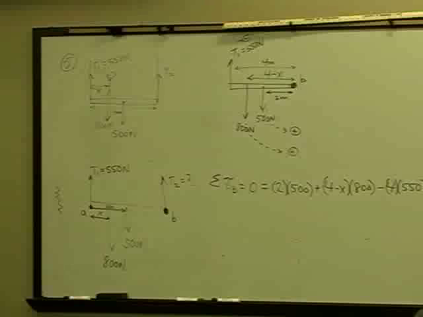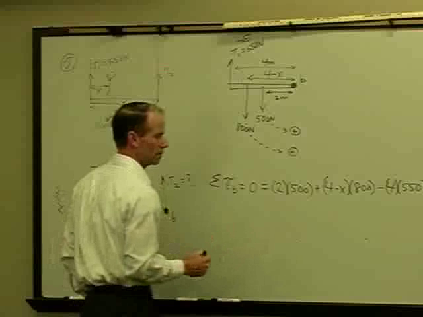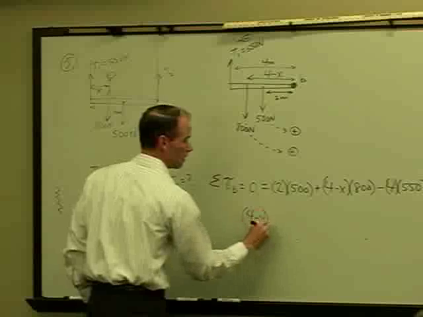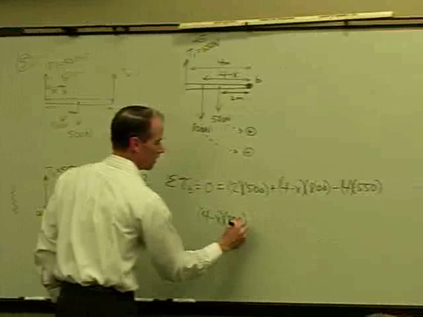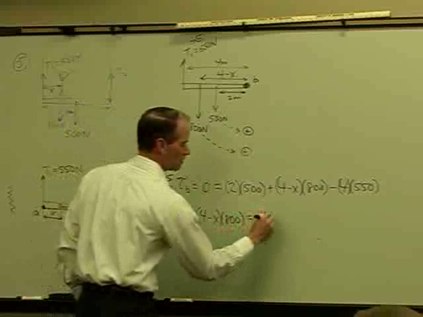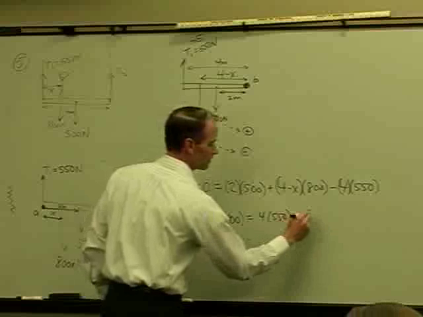I have a bunch of numbers in there and x. I can solve for x. So I'll say that 4 minus x times 800 is equal to 4 times 550 minus 2 times 500.